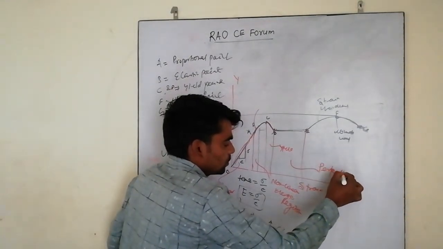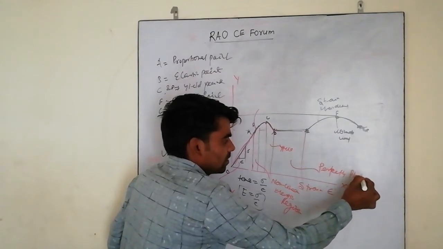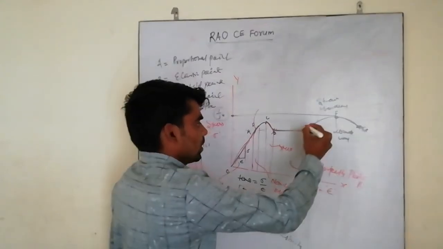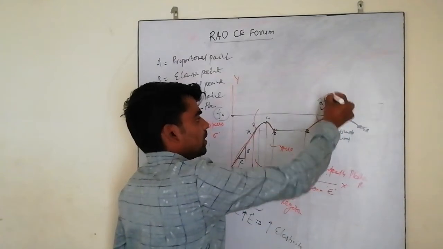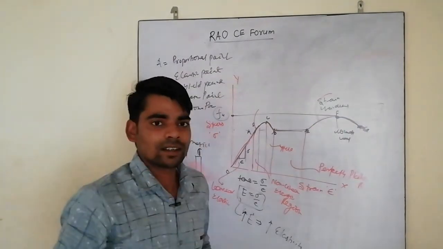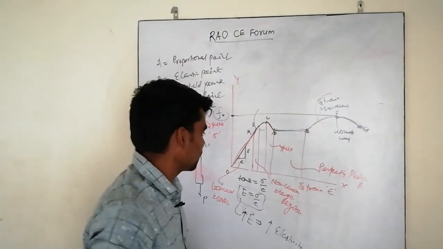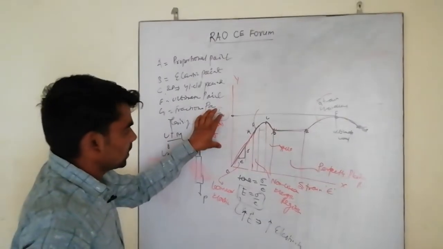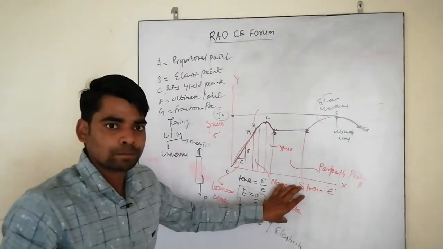E to F is the strain hardening, and F to G is the strain softening region. Okay friends, this is stress, this is strain.